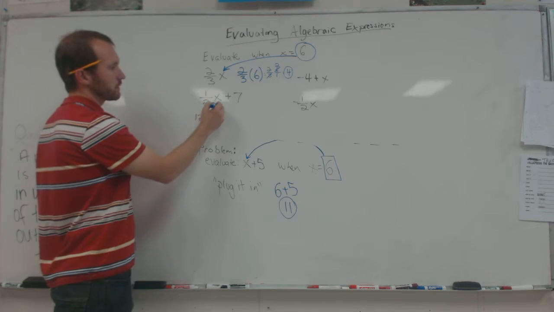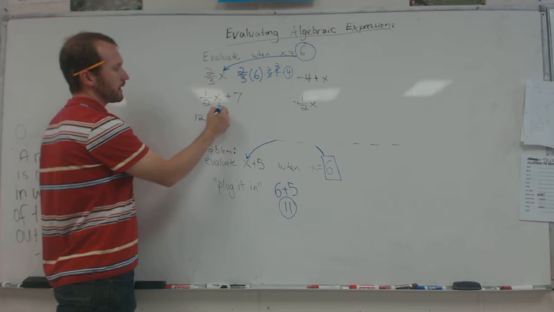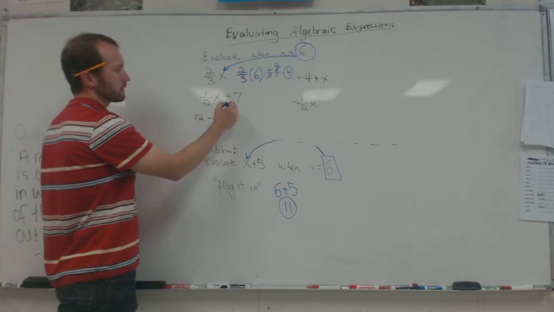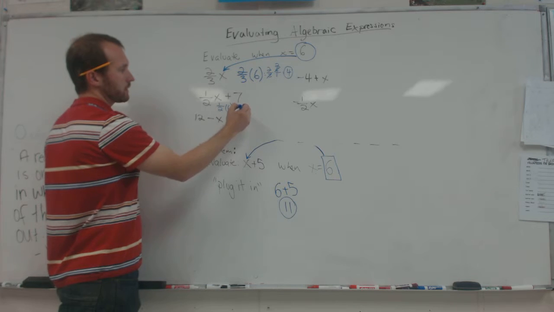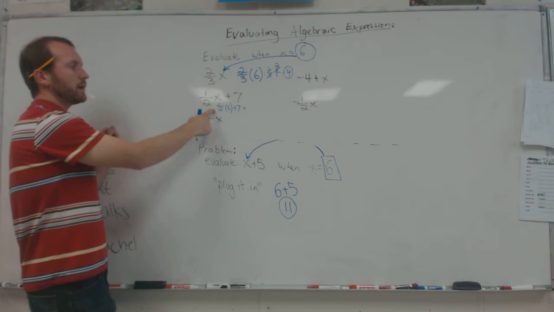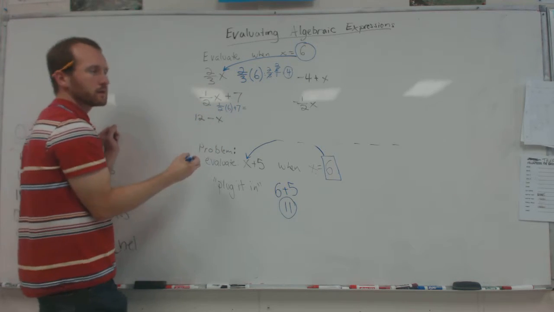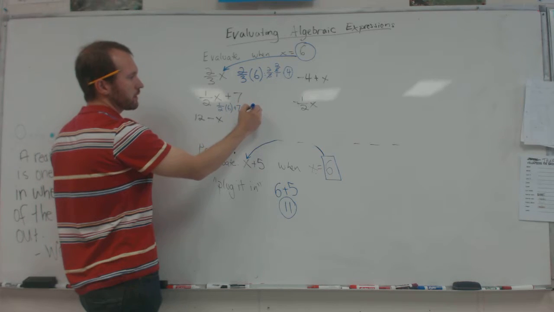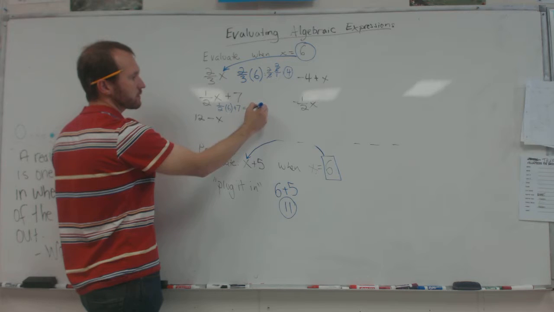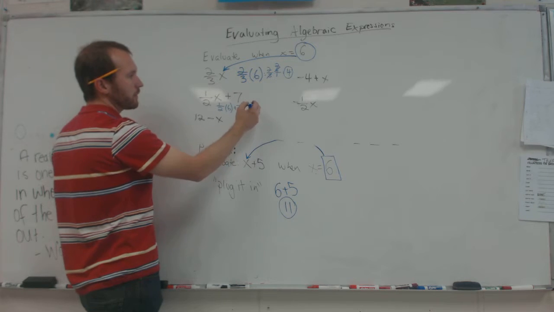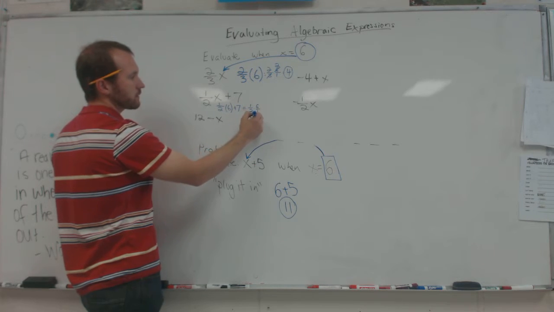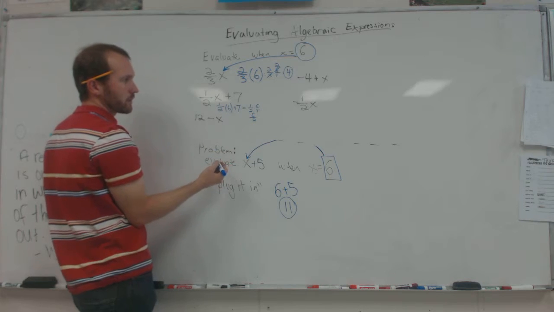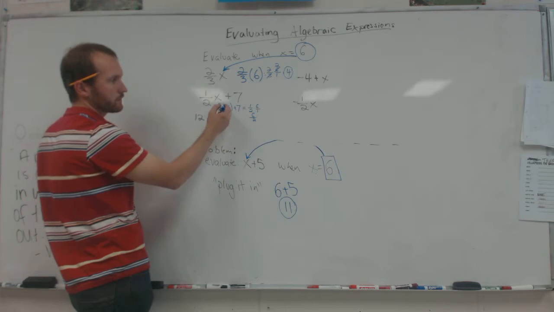Again, let's do this one. Put my 6 in where I had my x. What is this going to equal? 1/2 times 6 we could write two ways: 1/2 times 6/1, or we could just write it as 6/2, since these are both 1s.